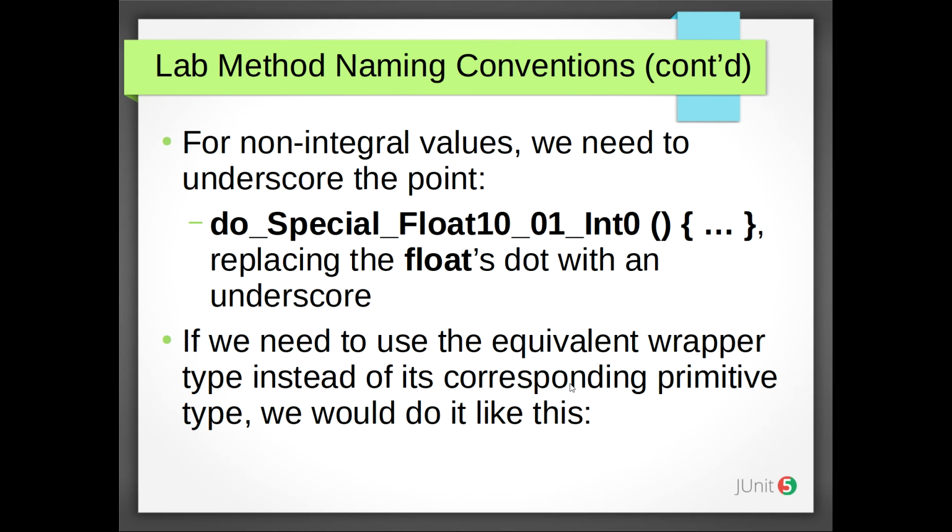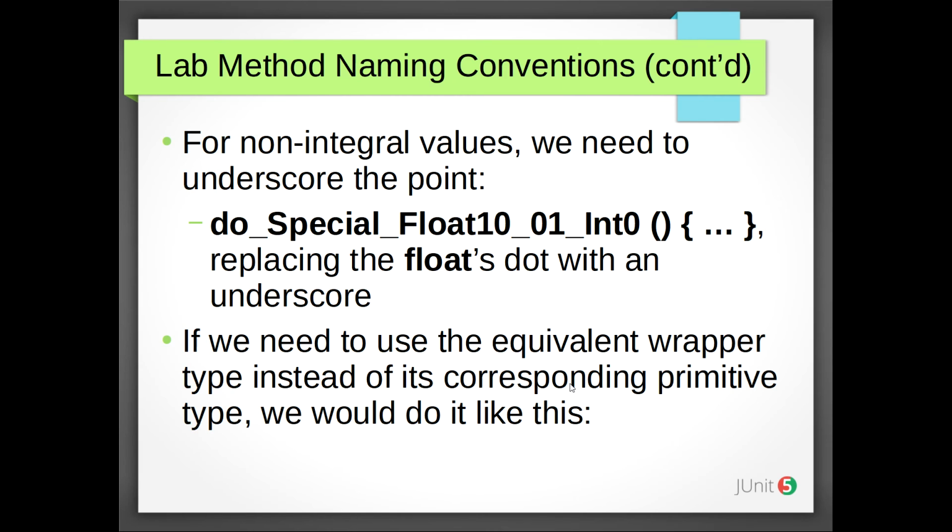Alright, for non-integral values, we need to underscore the point. So do_special_float_10_01. So we're basically passing in a value of a float, which is equal to 10.01. So we're replacing the float's dot with an underscore.